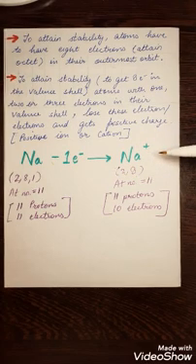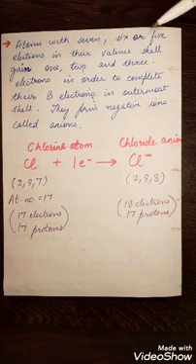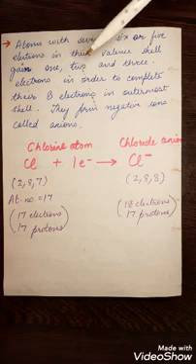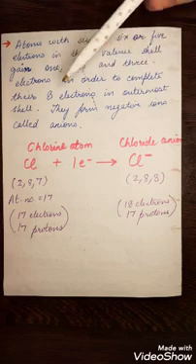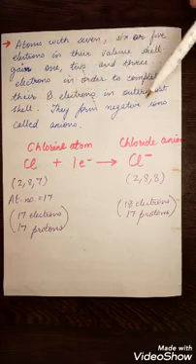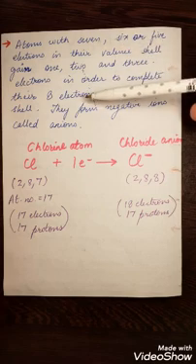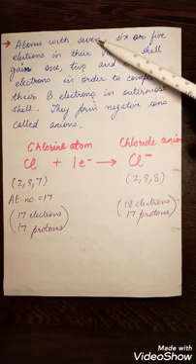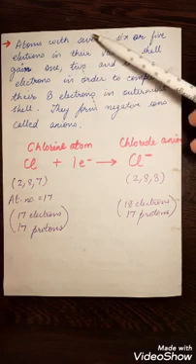Is it clear? Atoms which have 7, 6 or 5 electrons in their valence shell gain 1 electron, 2 electrons or 3 electrons in order to complete 8 electrons in the outermost shell. They form negative ions called anions. How will they form 8 electrons? For example, if 7 electrons are there in the outermost shell, 7 electrons plus 1 electron, it will be 8 electrons.